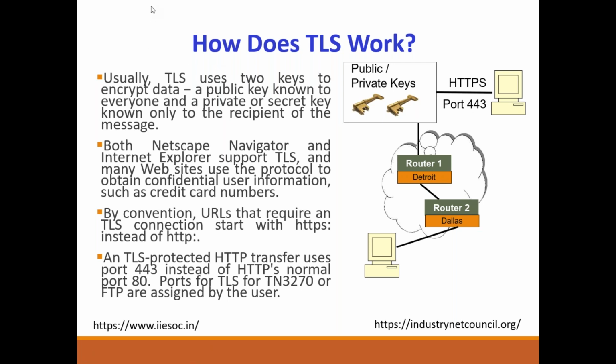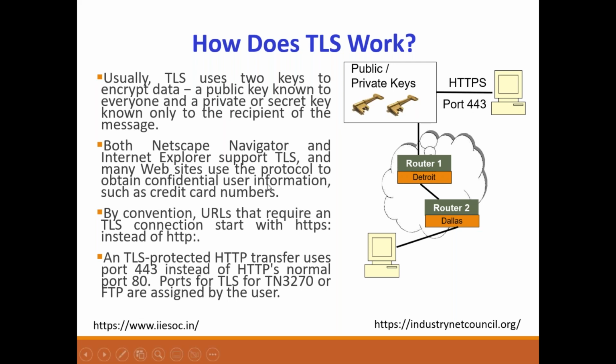It uses a public key that is known to everyone and a private key that is known only to the sender or recipient of the message. That's the idea, that you keep that secret, and we'll talk about some of the implications of this later on in diagnostics. But let's leave it at that. We use public-private key infrastructure to start with.